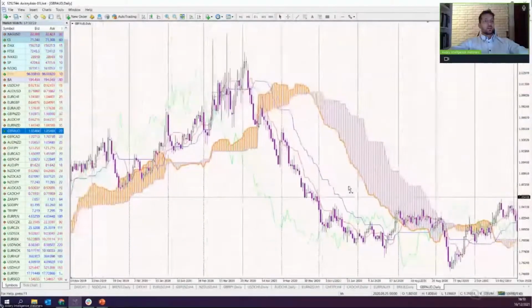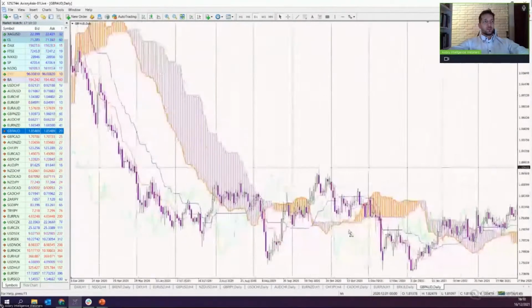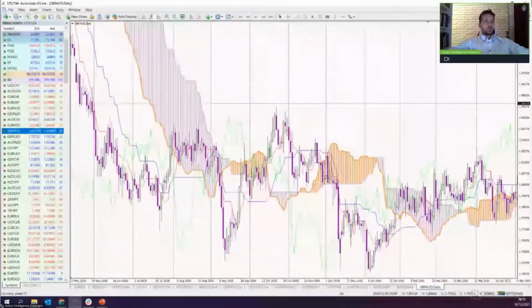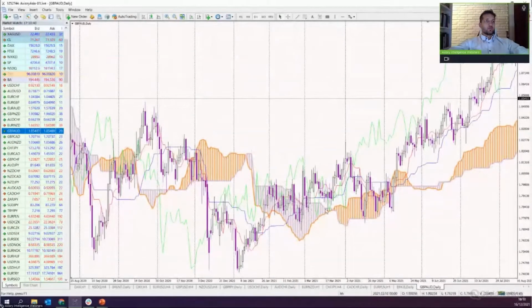Then after the breakout, it works as a resistance, kind of, not really. This works as a resistance, not really, broken. This works as a support, not really, broken. This works as a resistance, not really, broken.